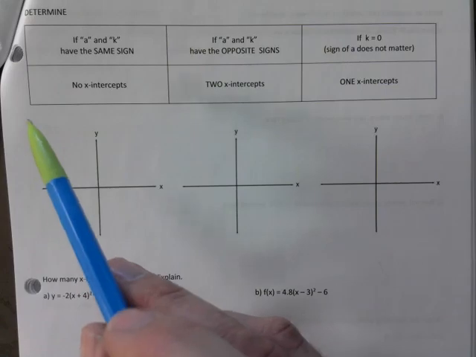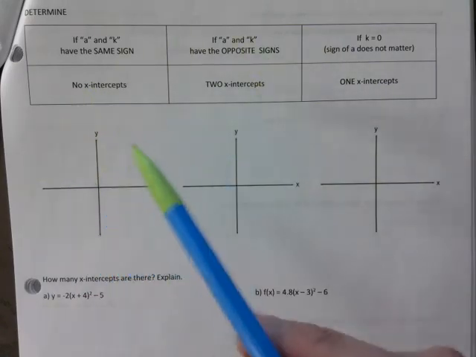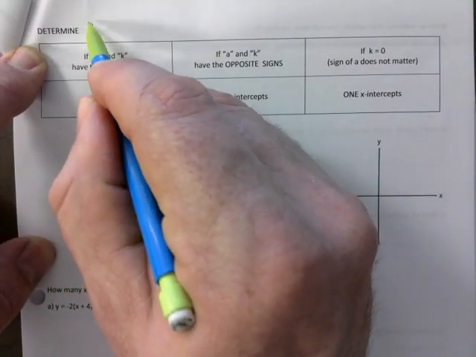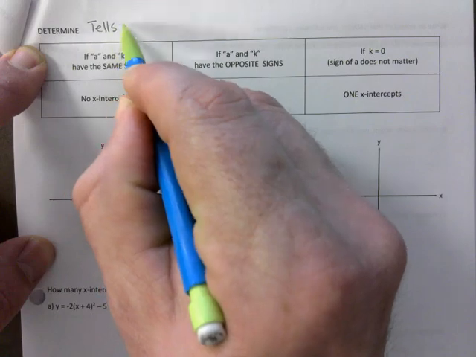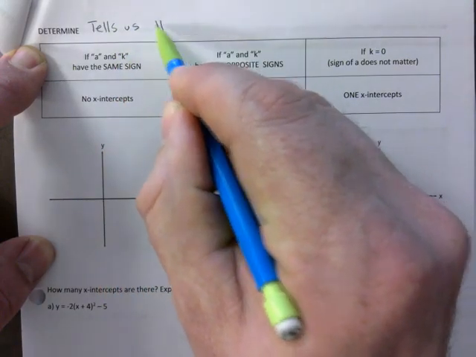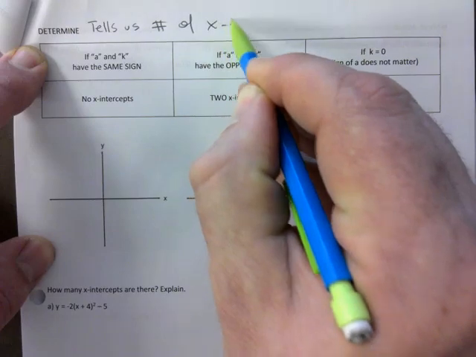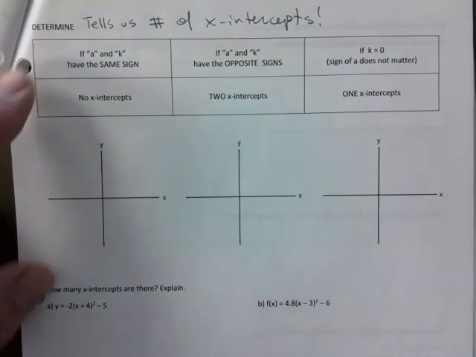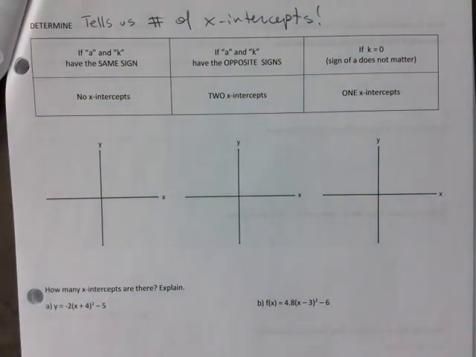Okay, another cool thing about the vertex form is it tells us the number of x-intercepts. It doesn't tell us what they are, like the coordinates. It just tells us how many we're expecting.